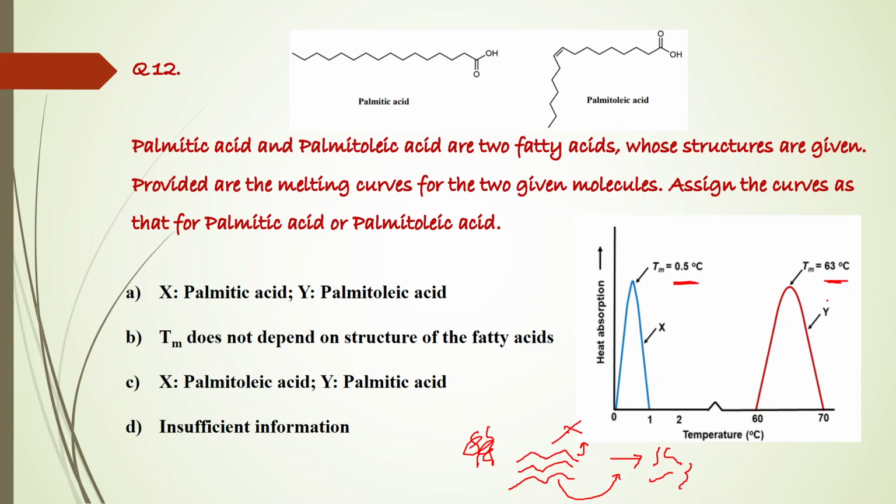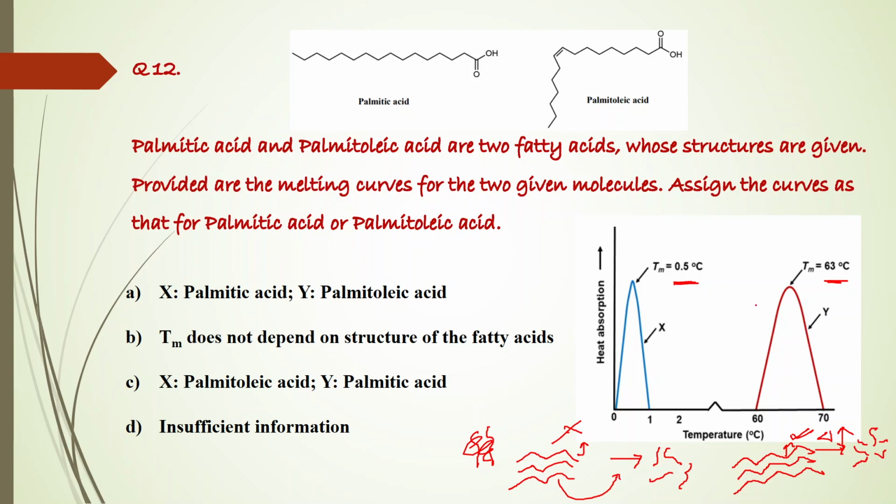But whenever the melting temperature is high, that means the crystallinity that existed was very good in the system, or very high. That is why when you want to take them to a randomly oriented state, you need to give a higher amount of heat to that particular fatty acid or that particular system.